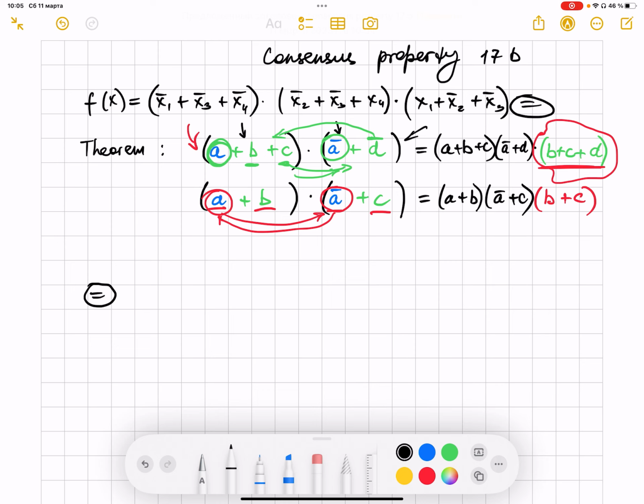Okay, have I copied everything clearly? Yeah, the very first thing is to find out this a, because when you see a, and when you see a bar in another expression, it's pretty easy to guess that now you can use the consensus theorem, okay?